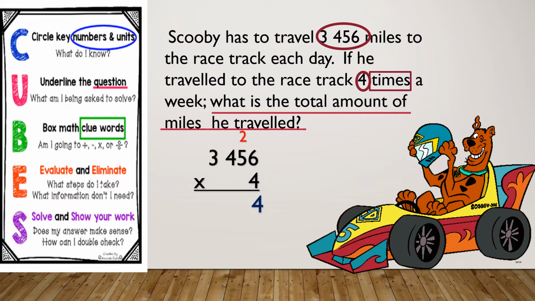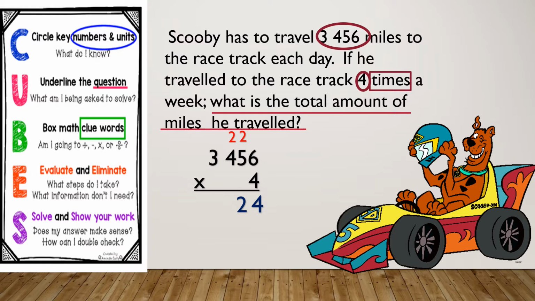Next, we multiply the tens. 4 times 5 gives us 20. Plus 2 gives us 22. So we regroup 22 tens as 2 hundreds and 2 tens. So we put 2 under the tens and 2 over the hundreds.